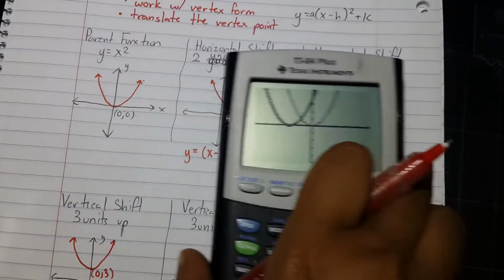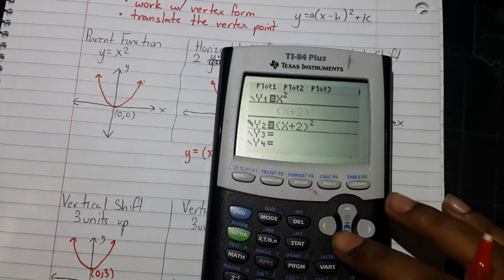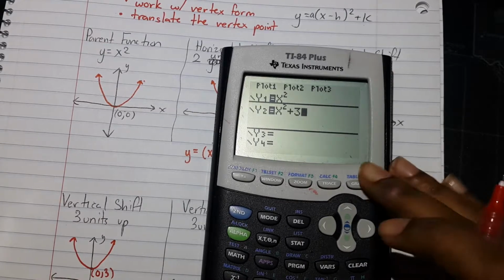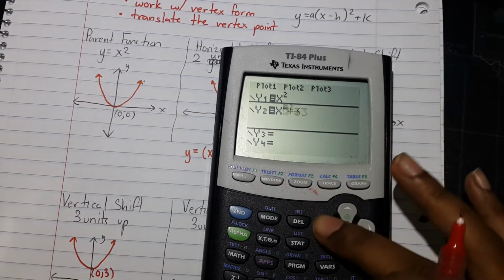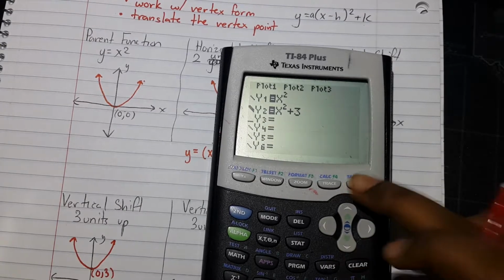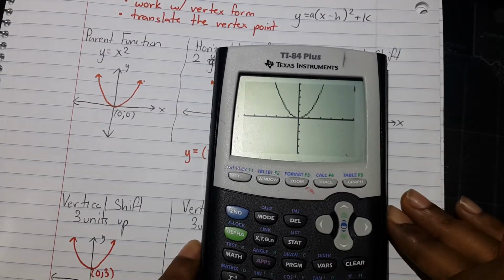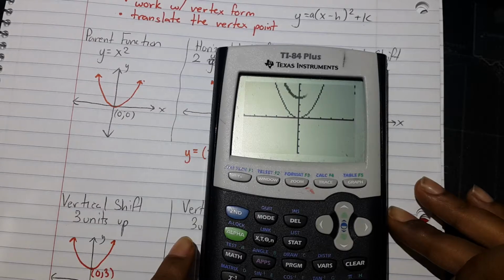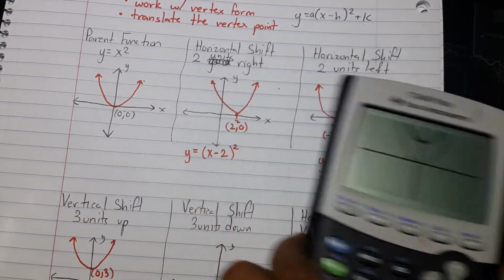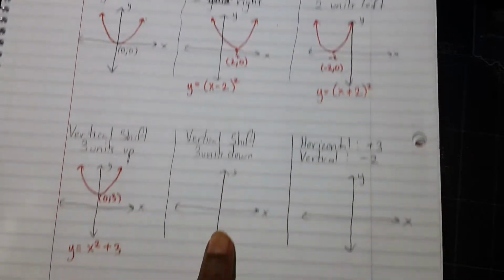So let's see what that looks like on the graph. I'm going to delete this, and I'm going to write x squared plus 3. I'm going to make sure that I change this so I can distinguish. I'm going to graph. Here's my parent function, and now here's my shifted function up 3 units. Okay, great. So let's do the next one where we're shifting 3 units down.